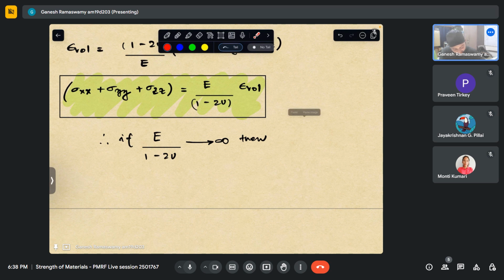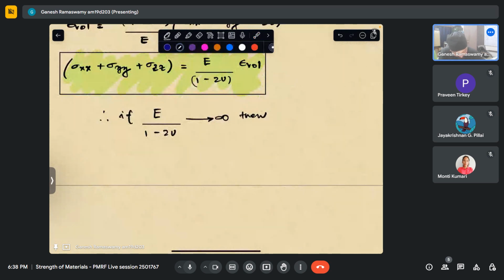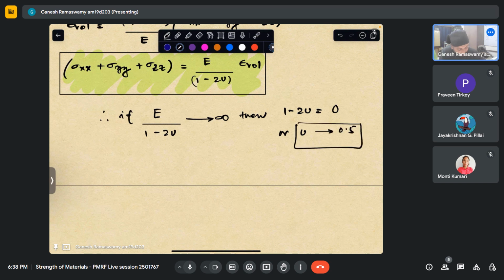In which case, 1 minus 2 mu should be equal to 0, or mu should approach 0.5. So this is the conclusion we can draw, that when the Poisson's ratio of a material approaches 0.5, it starts showing no volumetric strains.